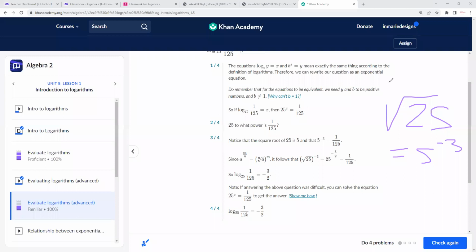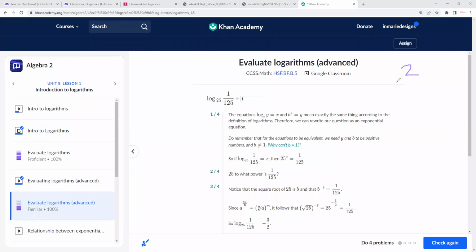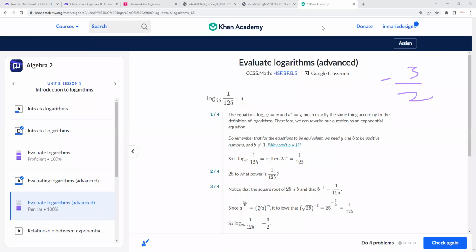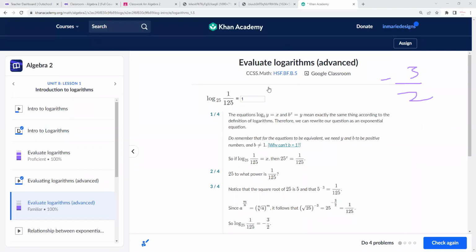The power is 2, right? And then 5 to the what power gets you 125? 3. And then it's going to be a negative since it's in a fraction. So it's going to be -3/2. You could have played around with your calculator. If you put in 25 to the power of -3/2, you would get 1/25. There we go.